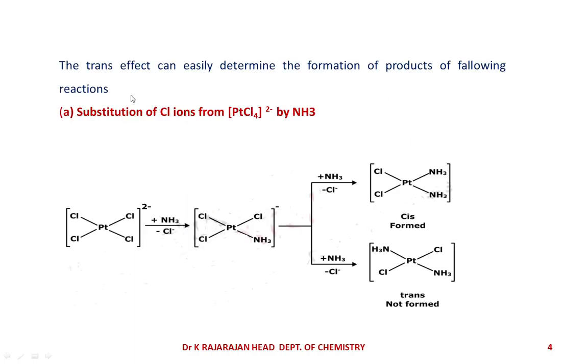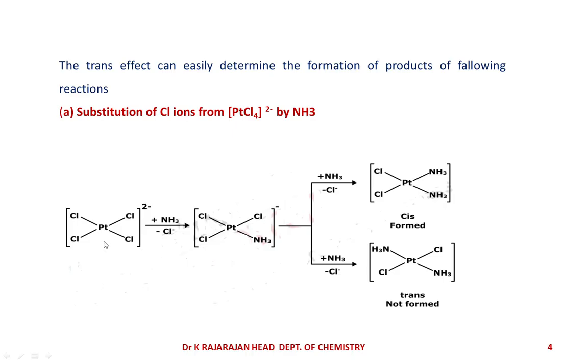So the trans effect can easily determine the formation of products of the following reactions. First, the substitution of chloride ions from the tetrachloro platinum complex by ammonia. Initially we have the tetrachloro platinum complex.